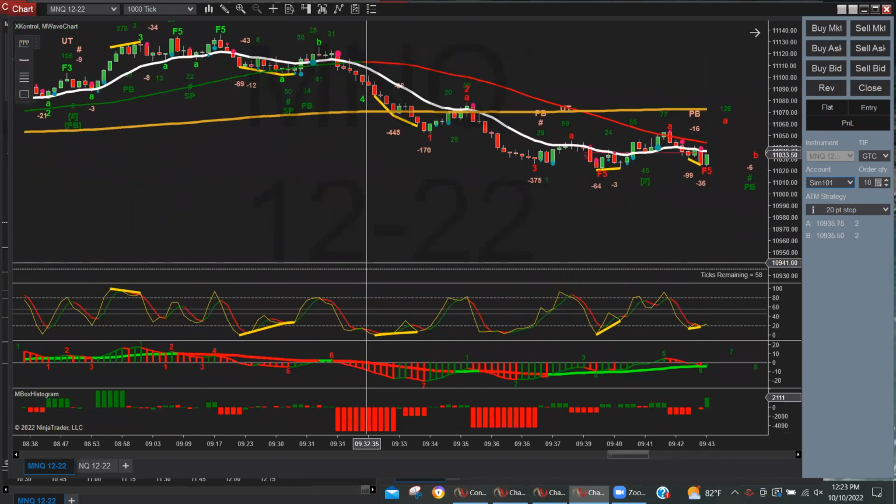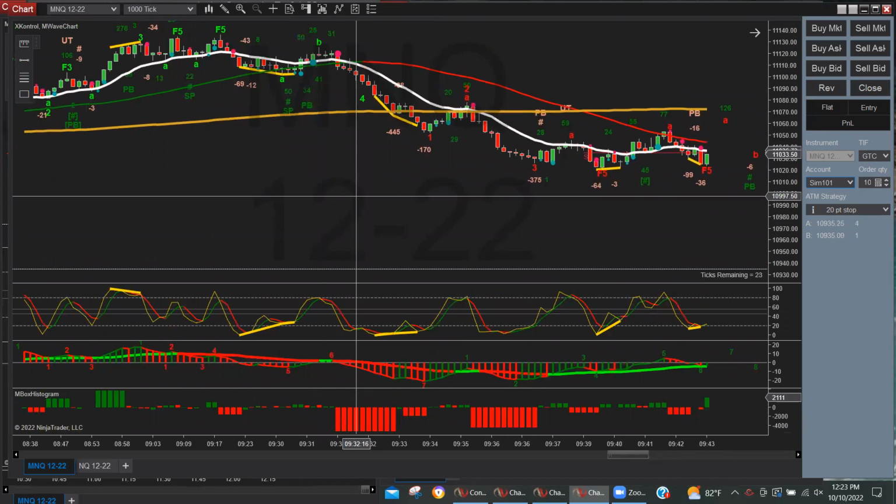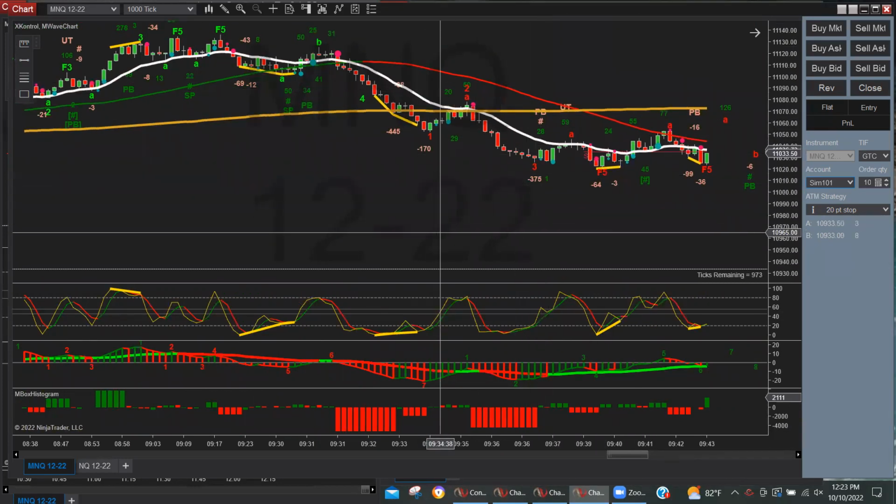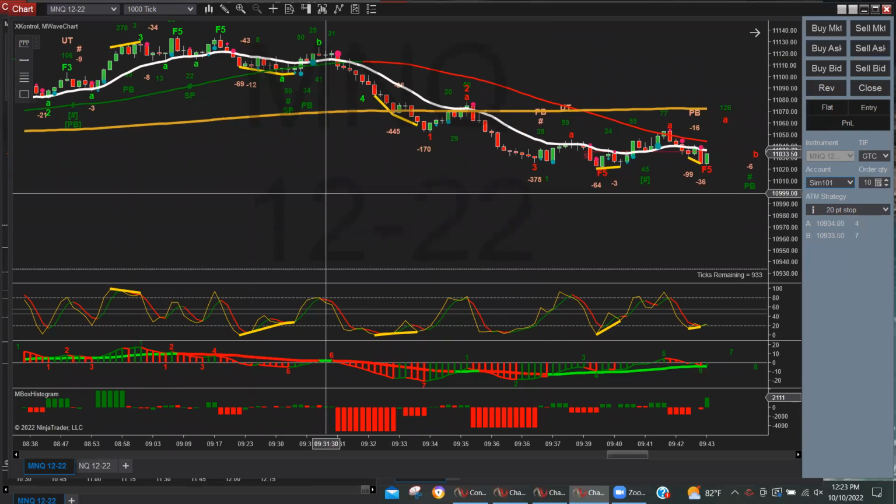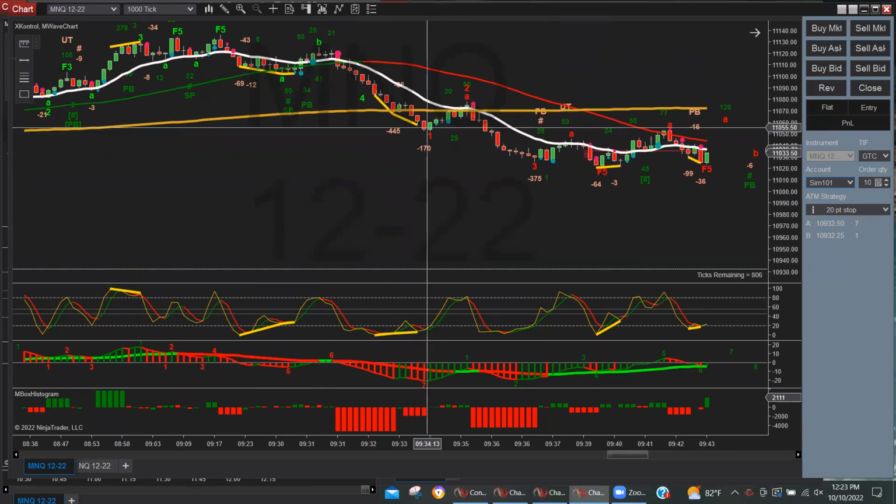I'm going to go back to 9:30. Now, what you're seeing here is a 1,000 tick chart. Different from a minute chart. Tick charts show a candle every time the market gets a number of ticks that hit the market. So it's going to be a lot faster chart than a minute chart.